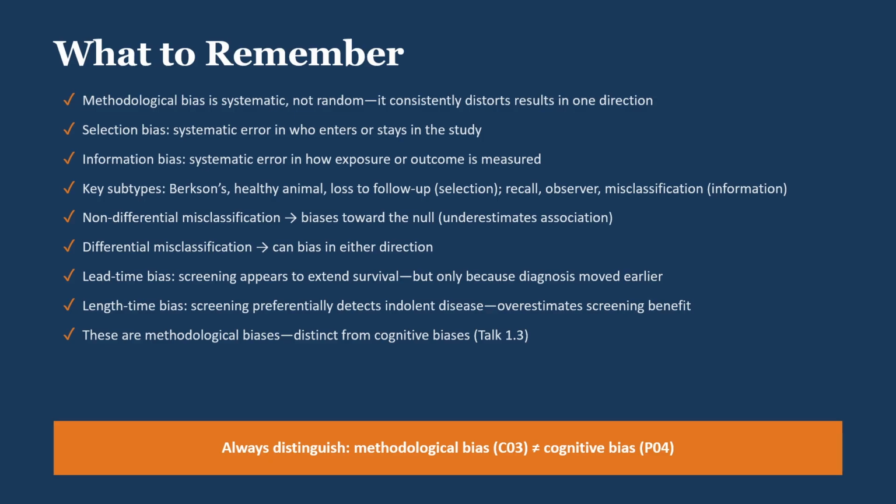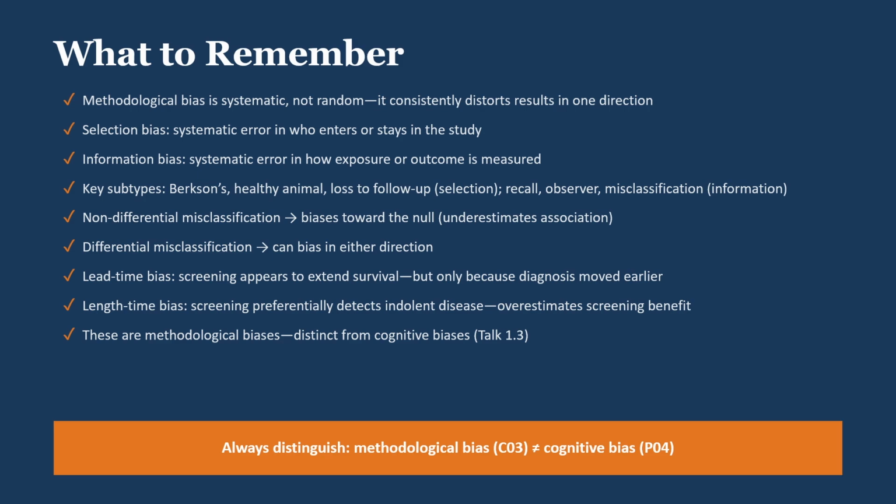Key information bias subtypes include recall bias, observer bias, and misclassification bias. Non-differential misclassification pulls toward the null. Differential misclassification can go either way. Lead time bias and length time bias are screening-specific phenomena that make screening programs appear more effective than they are.